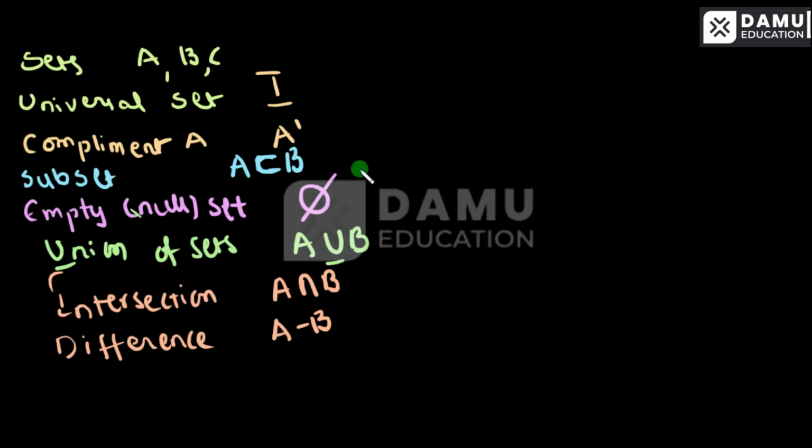So universal set means all sets belong to the universal set. All sets which are presented will be subsets of the universal set, so the elements presented in a set will be there in the universal set.